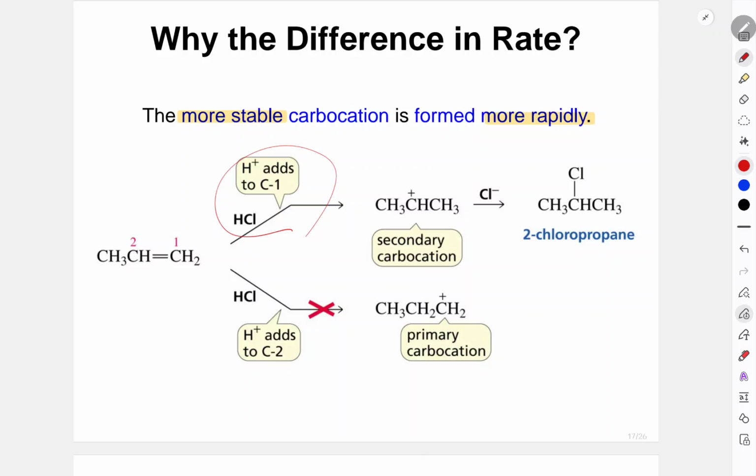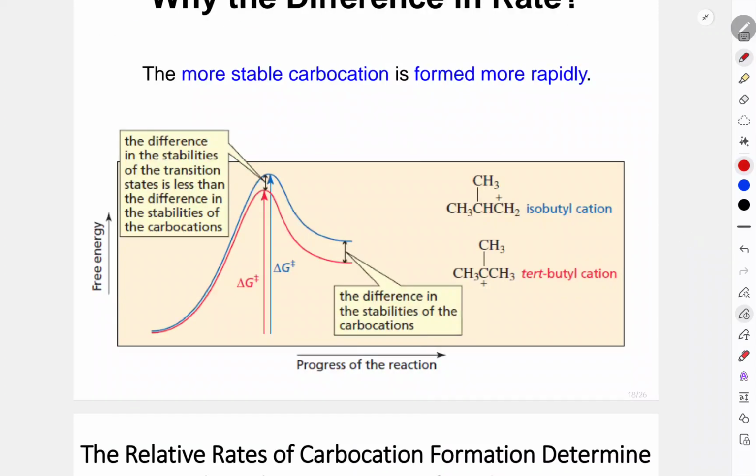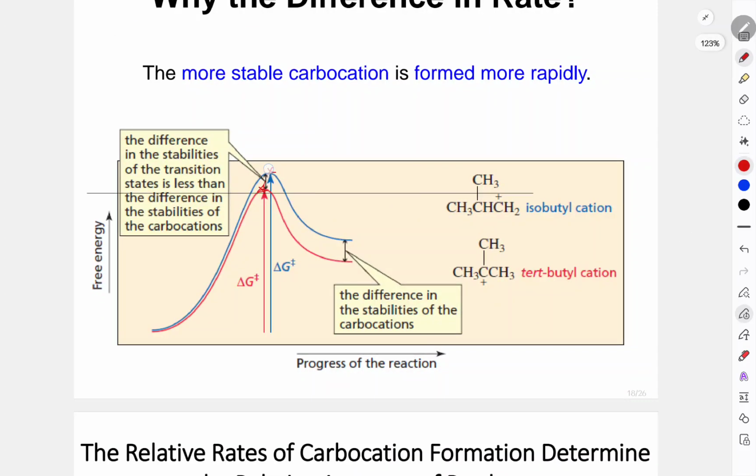If you know that the first step is endothermic, then compared to the reactant state, the intermediate state will have higher energy. Then applying the Hammond postulate, the transition state here and there resemble the intermediate state more, because they are energetically more close.